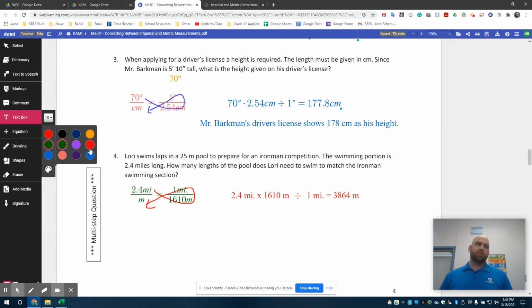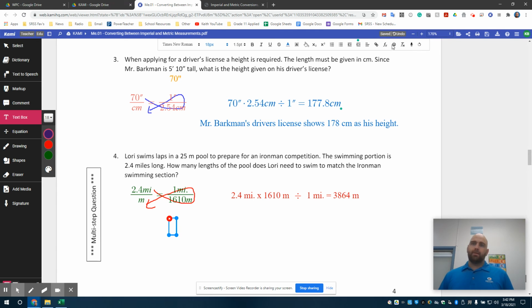And so we're going to take our next one here, 3,864 meters, divide by 25 meters.